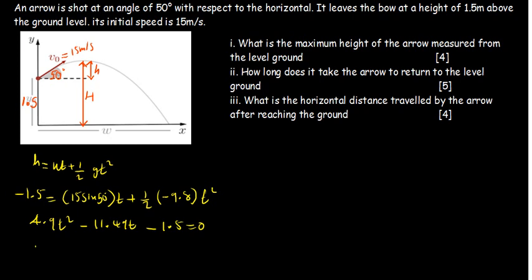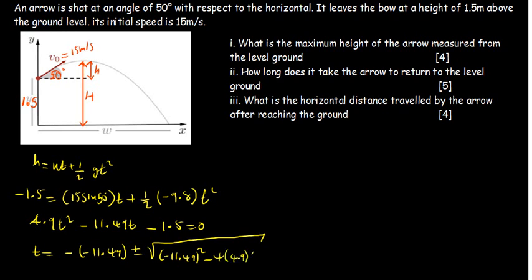So using the quadratic equation, it is going to be negative b, negative 11.49, plus or minus square root of b squared. B is still negative 11.49 squared, minus 4. A is 4.9. C is negative 1.5. Everything divided by 2A.